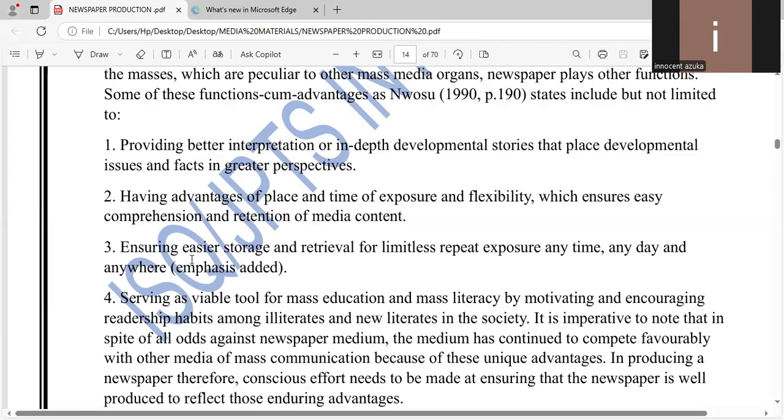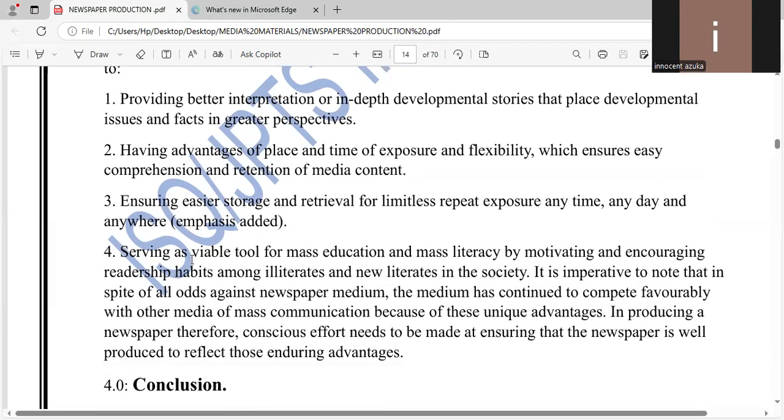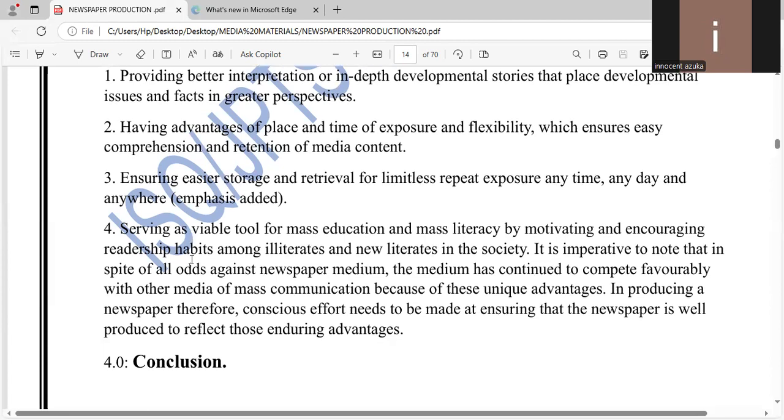flexibility, which ensure easy comprehension and retention of media content, ensuring easier storage and retrieval for limitless repeat exposure anytime, any day, and anywhere, serving as veritable tools for mass education and mass literacy by motivating and encouraging reading habits among the illiterate in society.